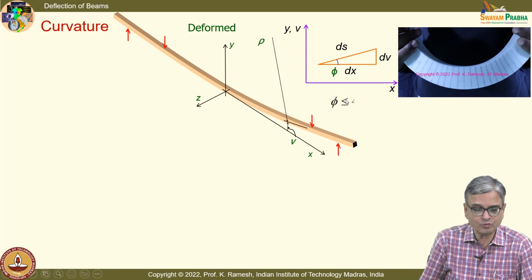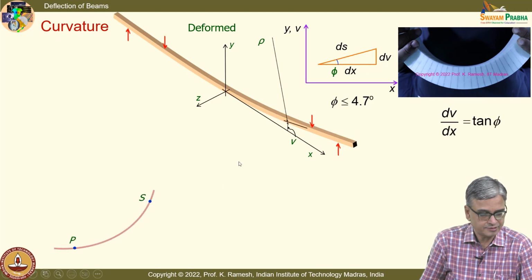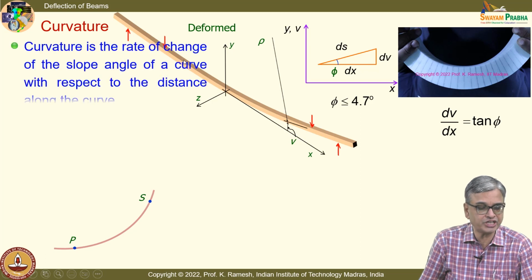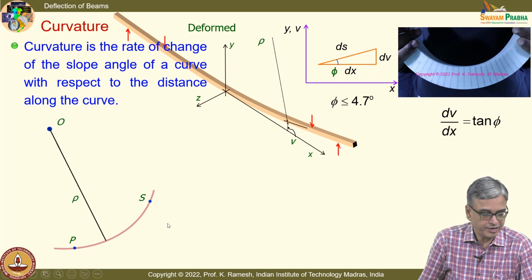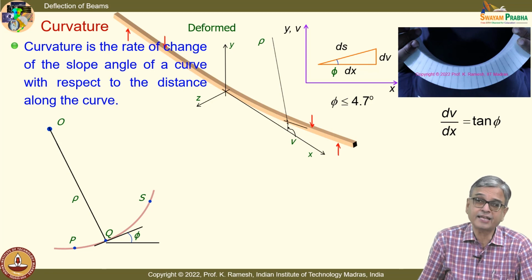And it is better that we go back and understand what is curvature. And curvature is nothing but rate of change of the slope angle of a curve with respect to the distance along the curve. So, I take a point Q, which is oriented at angle phi, and I take a neighboring point at a very short distance away.